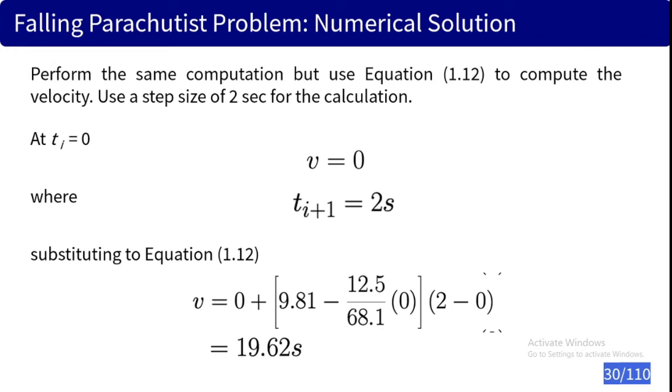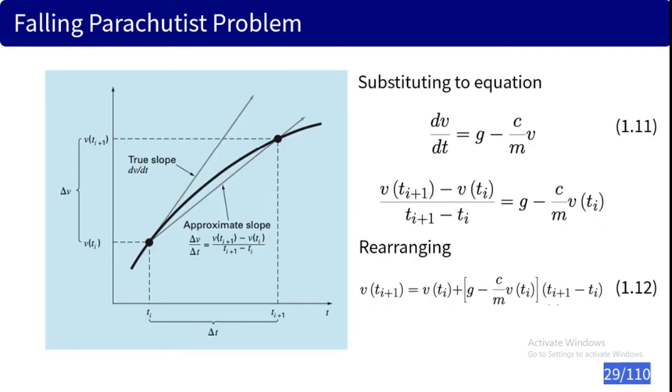So now we solve using the equation we derived by dissecting the curve using the finite difference approximation. We will see in the next part the approach to solving the problem using equation 1.12.